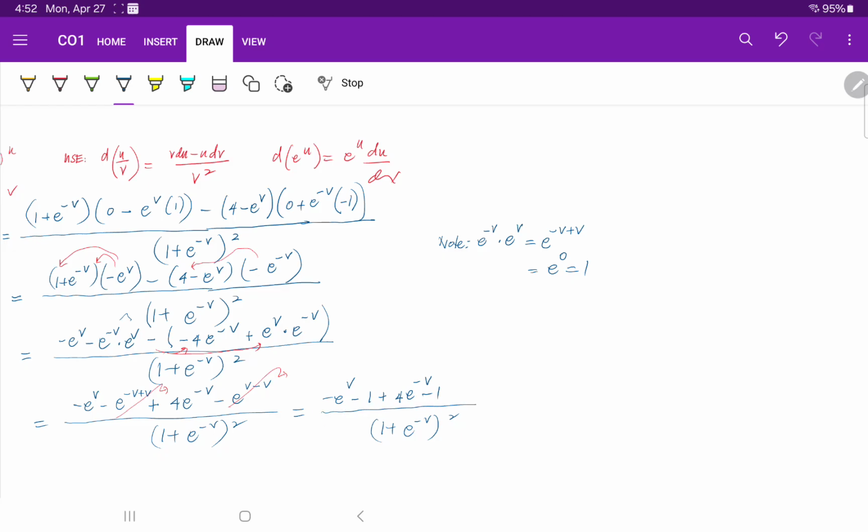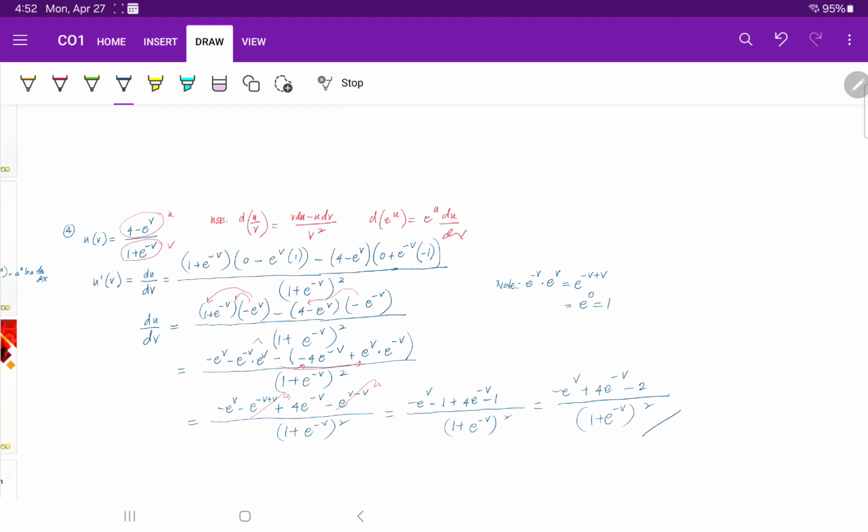So, this gives you negative e to the v plus 4e to the negative v minus 2 over 1 plus e to the negative v squared. Could not simplify it anymore. Okay? So, that's number 4.